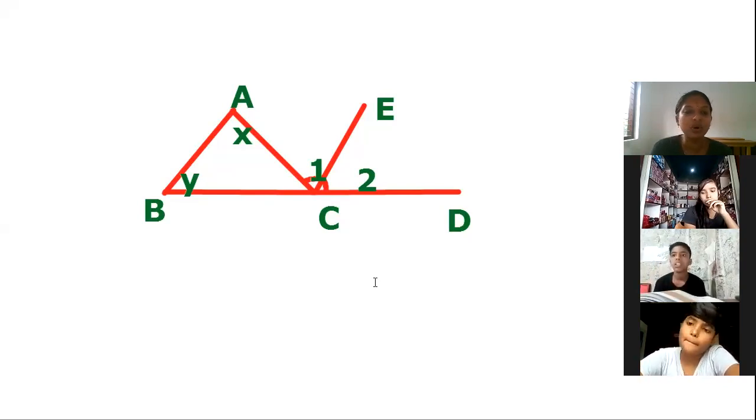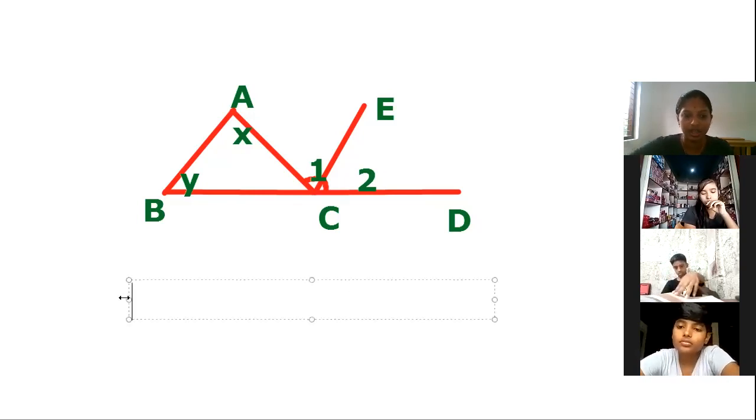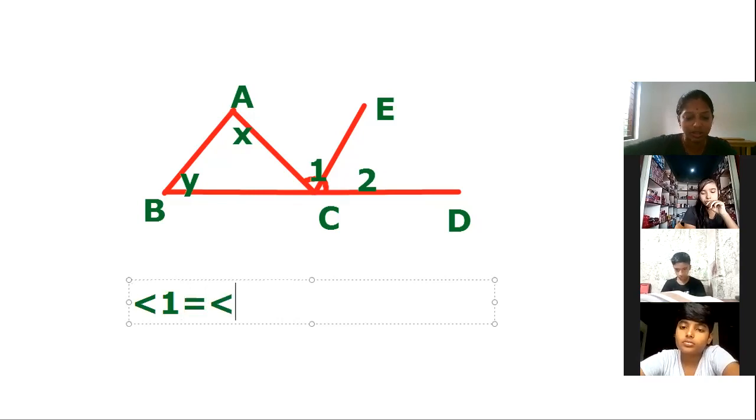Also we have four angles here, angles X, Y, 1 and 2. Among the four angles, which are the corresponding angles? Angle 1 and angle X, they are equal because they are the corresponding angles in the parallel lines cut by the transversal. So we can write angle 1 equal to angle X.